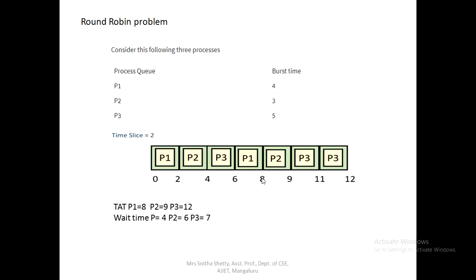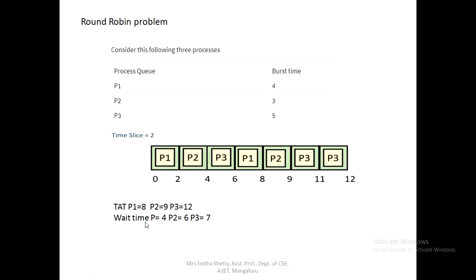In round robin, turnaround time and finishing time are the same, because we are not giving preference based on arrival time. It is in order and we allow each process to execute. So P1's turnaround time is 8, P2's is 9 and P3's is 12. It is known as finishing time.